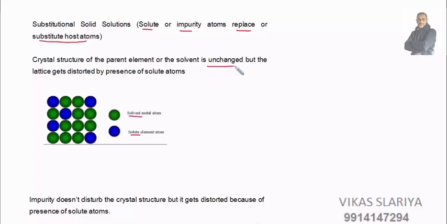Crystal structure of the parent element or solvent is unchanged, but the lattice gets distorted by the presence of solute atoms.